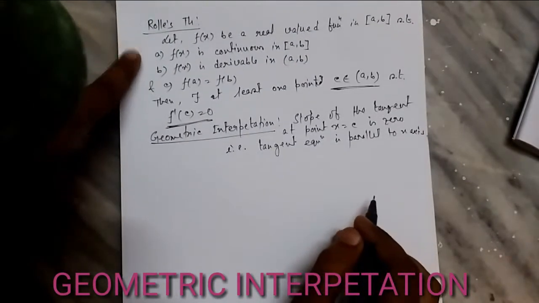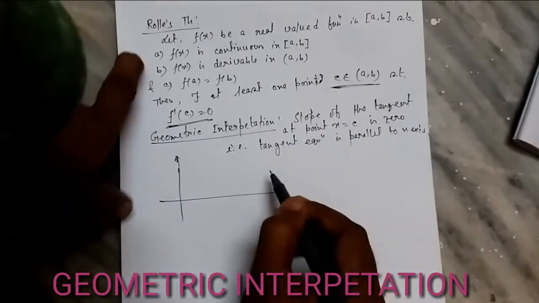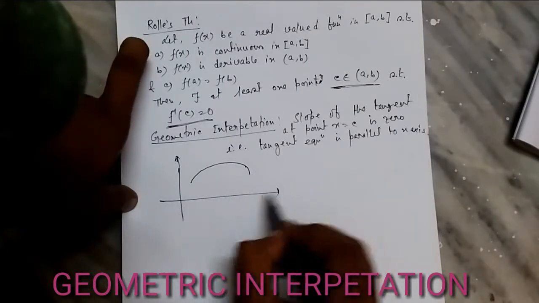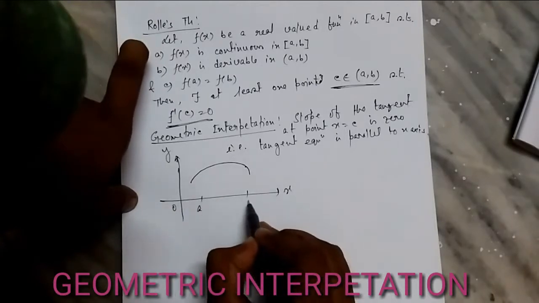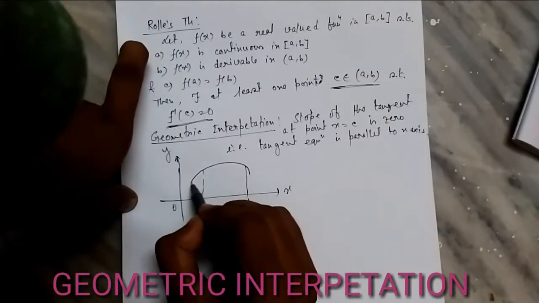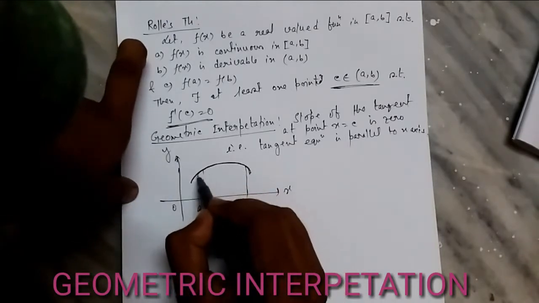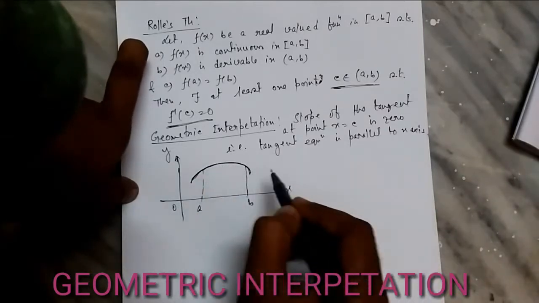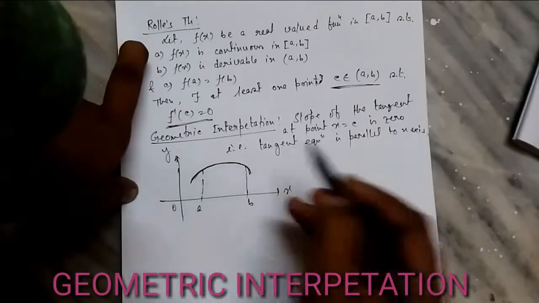If we draw a curve, then we see this figure. What is its geometric meaning? Suppose this is the curve f of x, this is the x-axis and y-axis. Suppose that point is a and that point is b. Here this function is continuous as there is no gap in the curve, and it is derivable as there is no sharp edge.